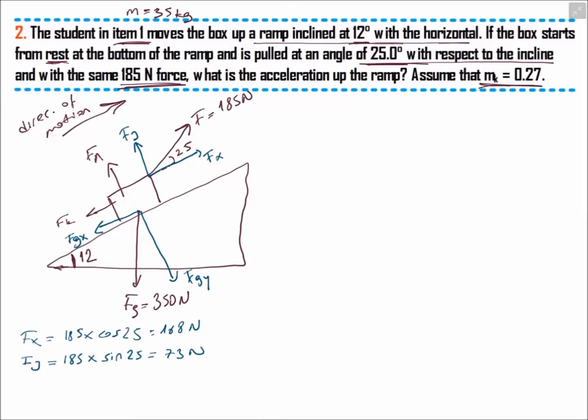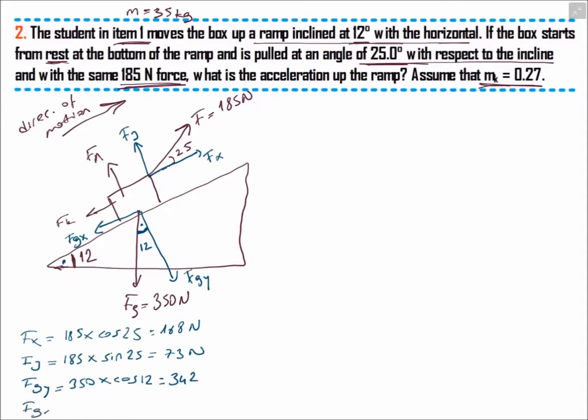We also have to calculate Fgy and Fgx. This angle equals this angle, so this is 12 also. Fgy will be 350 times cosine 12, so it will be 342.